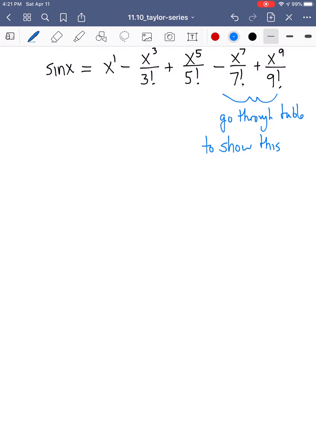So at this point, sine only has odd powers of x, as well as only odd factorials in each of the denominators of these terms. So we could actually compactly rewrite sine, just like we did the exponential. And we'll talk about this in a minute, but if we're able to write sine compactly, we could do something similar.